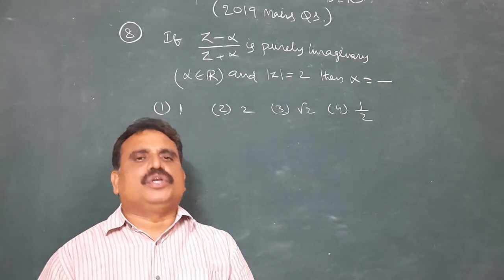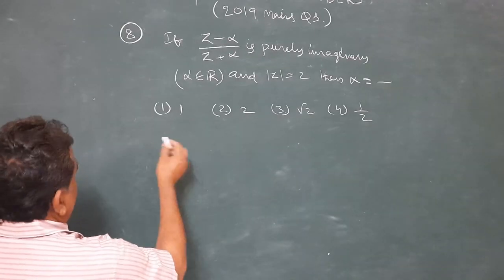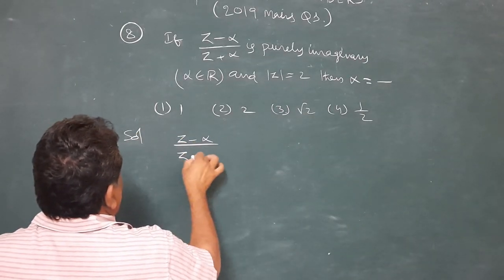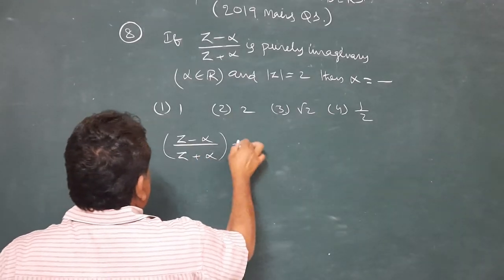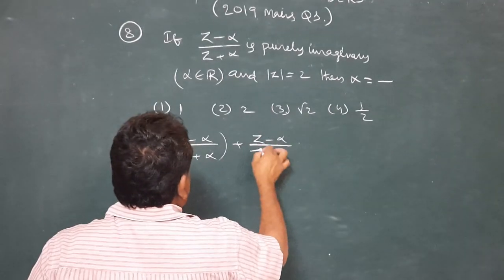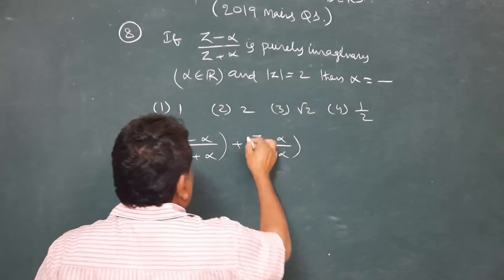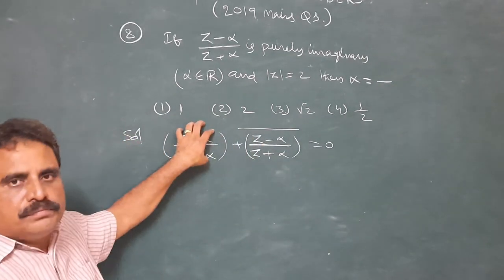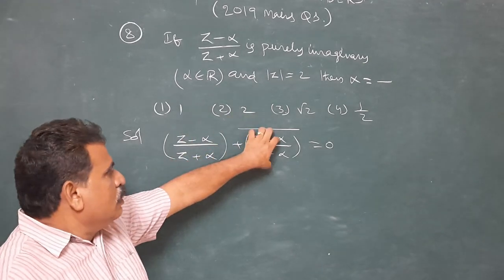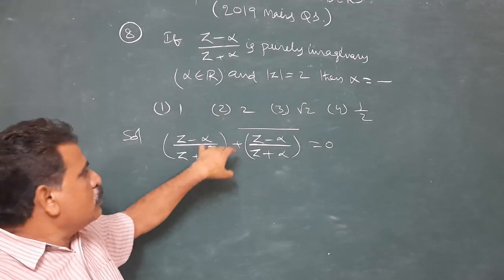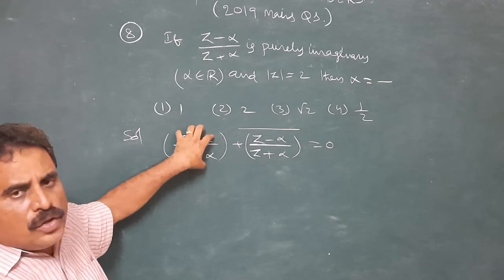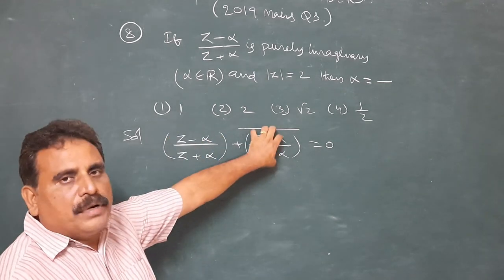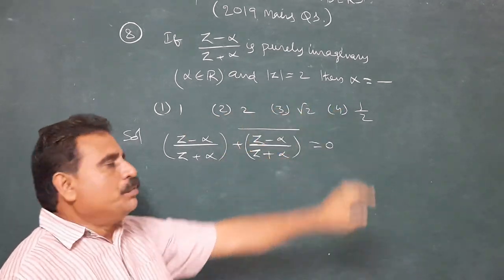Their sum is 0. So here (z minus alpha) by (z plus alpha) plus its conjugate equal to 0. It is a complex number, and its conjugate is this. Their sum is 0 because it is purely imaginary. If you take this as lambda i, the conjugate is minus lambda i, and that sum is 0.